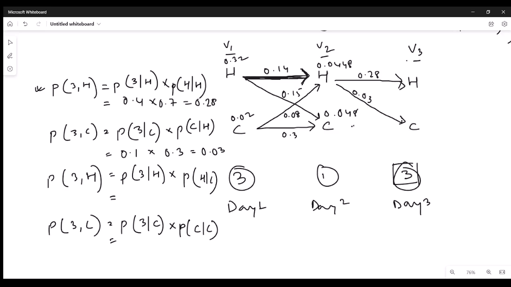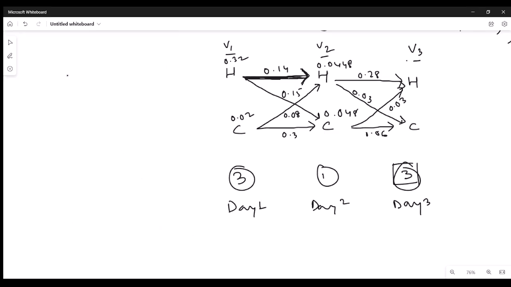Now similarly, we calculate this transition and this transition from the given transition and emission matrix, and we write the values. You are required to calculate this and write the values. I am writing the values directly. Now the value is 0.03 and 0.06. I request you to calculate these values and check whether you are right or I am right or wrong, and verify the result with my given video.